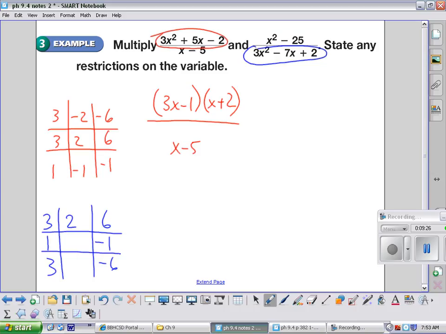This 1 has to go here. Minus 1, minus 2. So this turns into, we get x minus 2 and 3x minus 1. And that's in the denominator, I'm sorry.